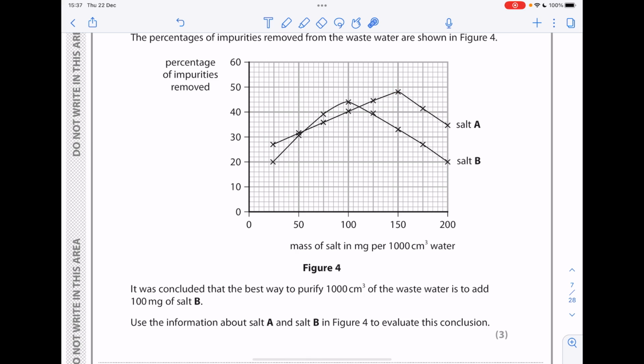Well, if you actually look at the percentage of impurities removed, the best is salt A, 150 milligrams, so I don't think I necessarily agree with that. And so therefore we would point out that it removes, we'll quote that number there, compared with the 100 milligrams of salt B, which only removes 40.